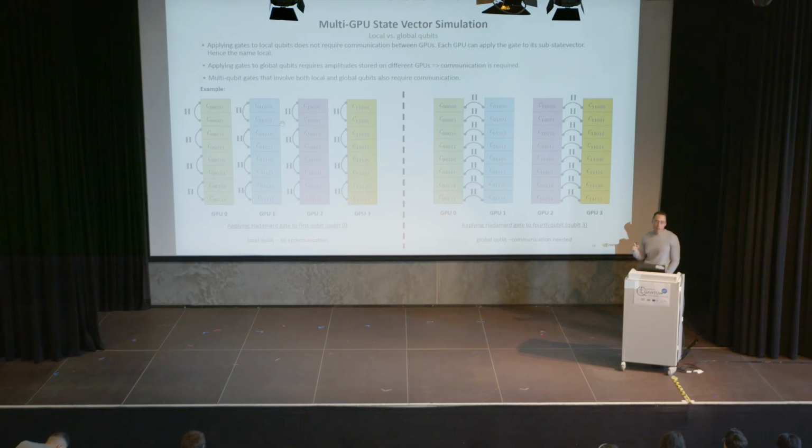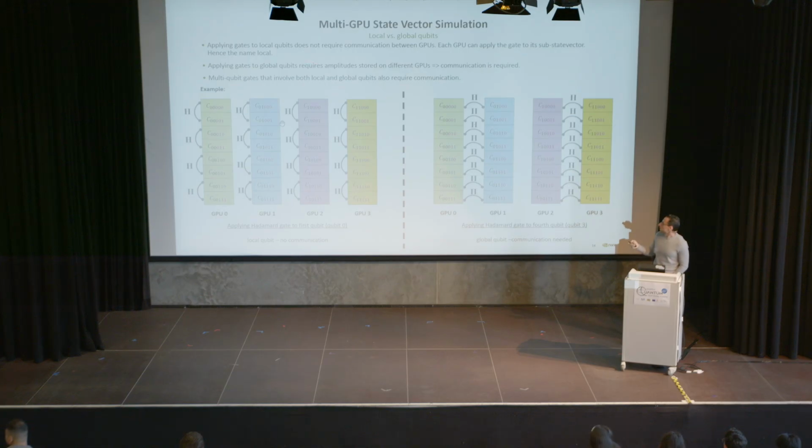If the gate is applied to a local qubit, then each subvector will be contained entirely on a single GPU. So no communication is needed to apply that gate. Only if the gate is applied to a global qubit will the subvectors be distributed on different GPUs, and communication is required.